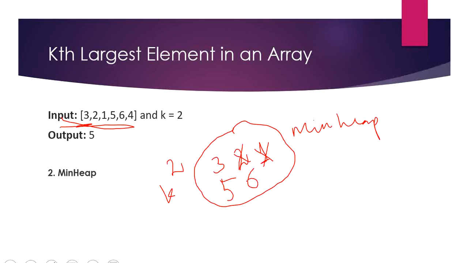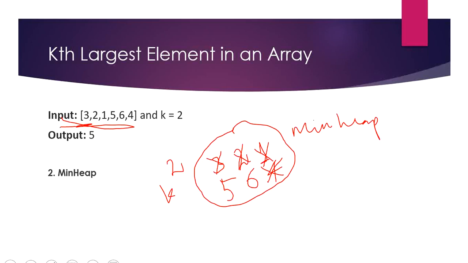There is no space for the minimum element, so it is going to take away 3. So we have 5 and 6. Next the 4. 4 enters and the capacity is 2 again. We're going to take away 4 since it is the minimum element. So now the heap is having only the two largest elements from the array. So this is how our minimum heap works.